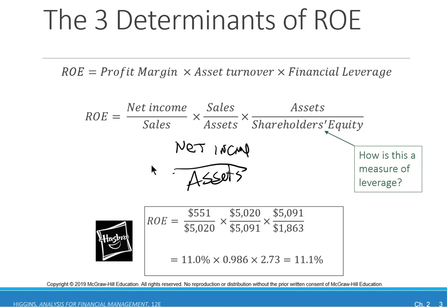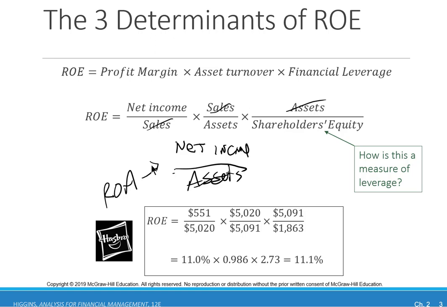And as we'll see a little later, this is referred to as return on assets. Now if we multiply this ratio, net income divided by assets, times assets divided by shareholder equity, you can see assets divides out. So now we're left with net income divided by shareholder equity.